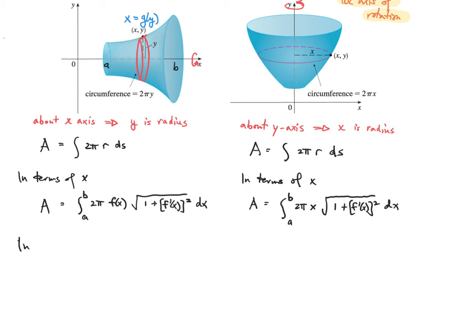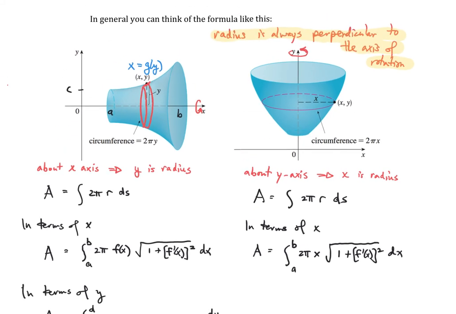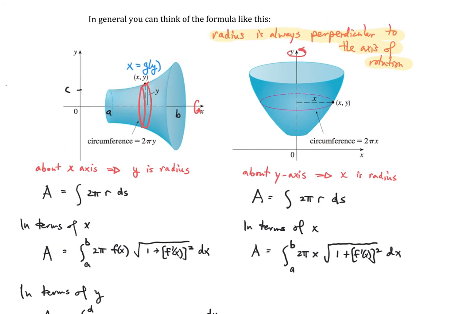And when we're doing things in terms of y, my integral is going to have a dy at the end because everything's going to be in terms of y. And my limits of integration are not going to go from a to b anymore. They're going to go from c to d, where those are the y coordinates of those two endpoints. So we can put a c here, and we put a d here like this.